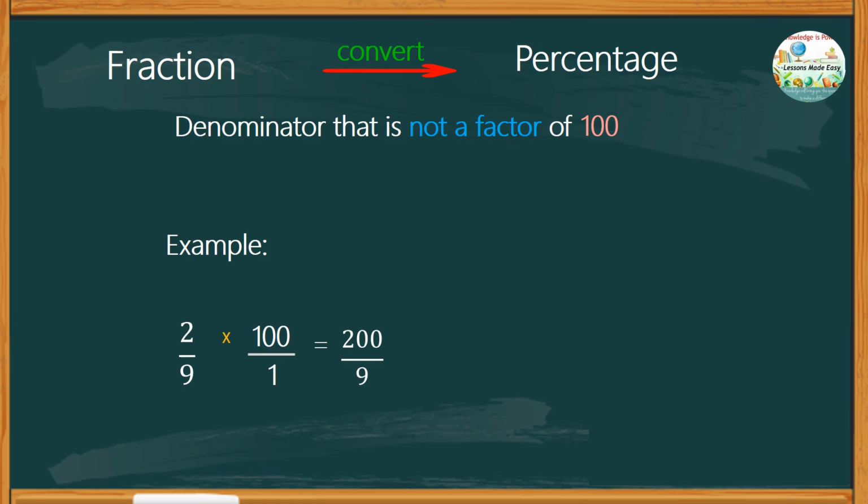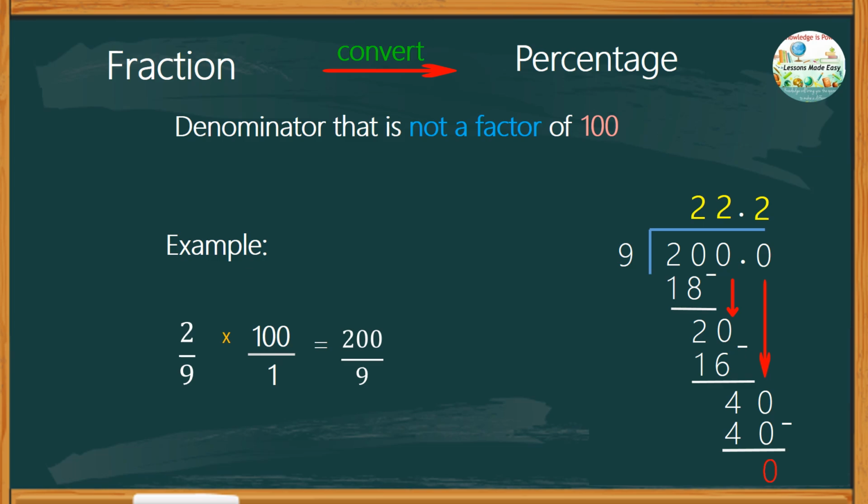This is the same as 200 divided by 9. The fraction line that goes between the numbers in a fraction means divide. Dividing 200 by 9, the quotient is roughly around 22.2 or 22.2%.